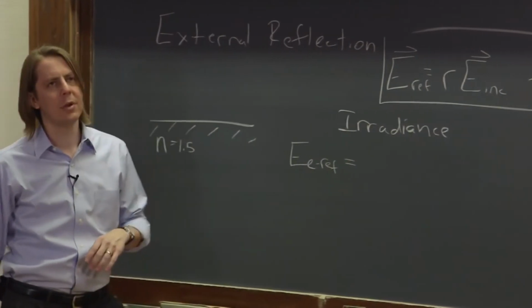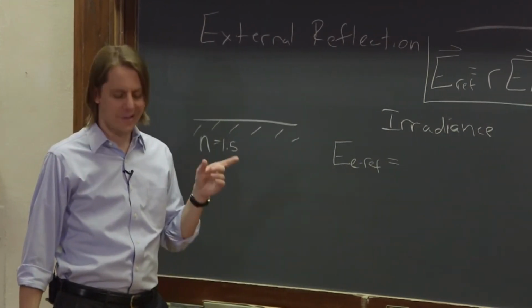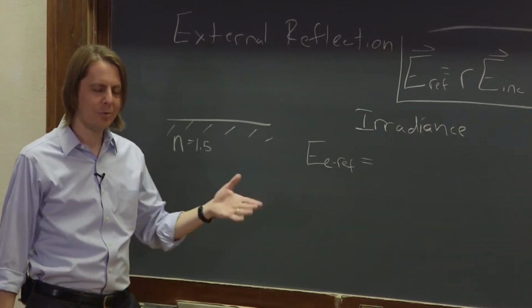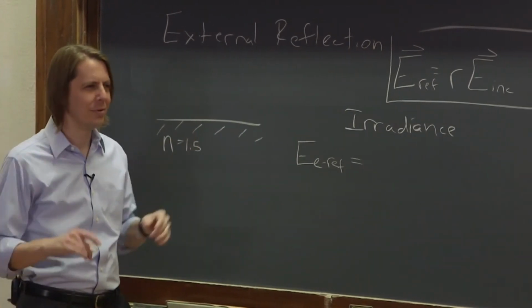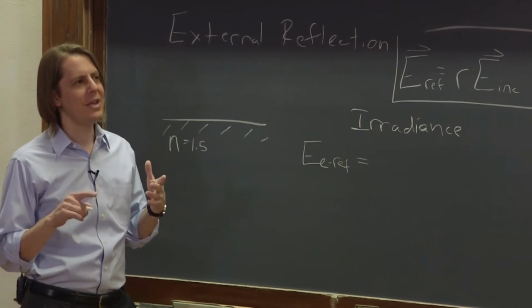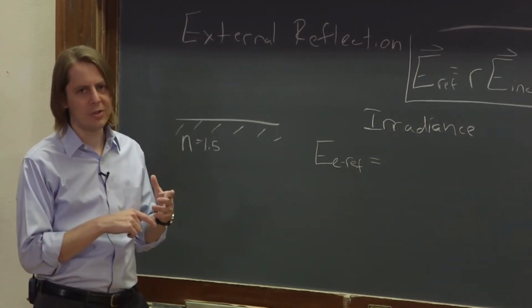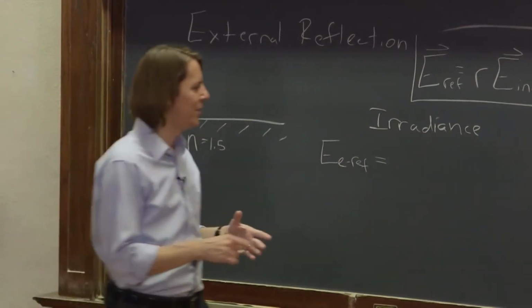So before we said the irradiance was 1/2 epsilon naught c squared E magnitude times B magnitude, or amplitude times B amplitude, when we did the time average and everything. Now we just want to talk about E, so we're going to replace that B with an E over c. It's going to cancel one of the c squareds down to a c. Okay, so just hang in there with me.